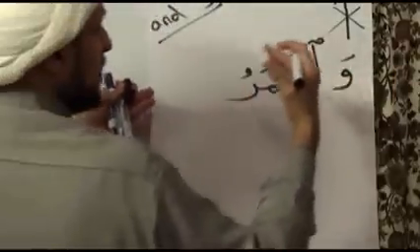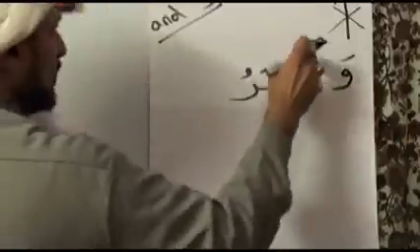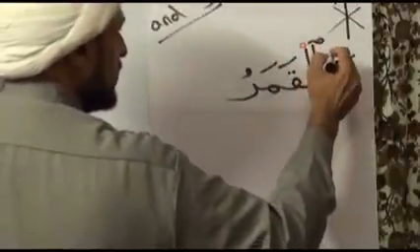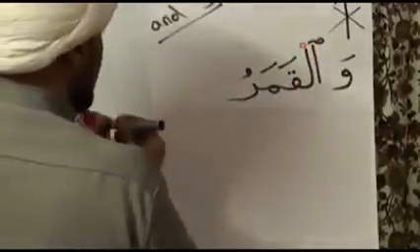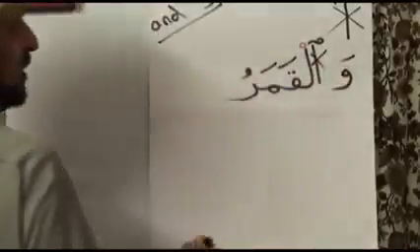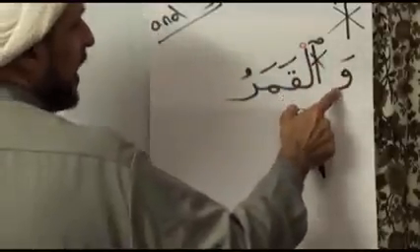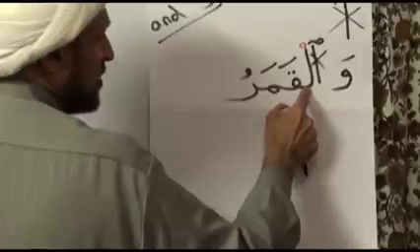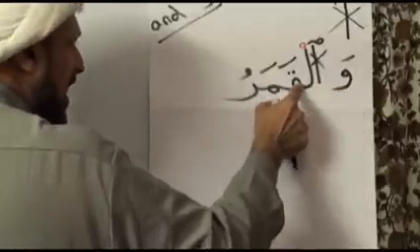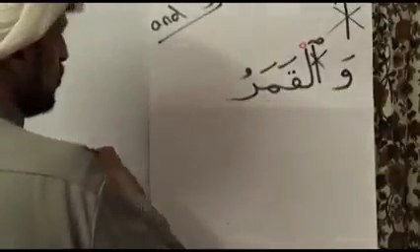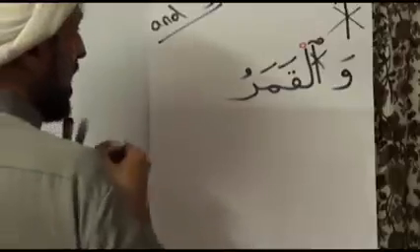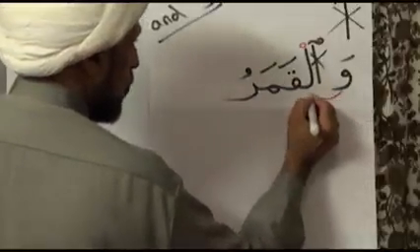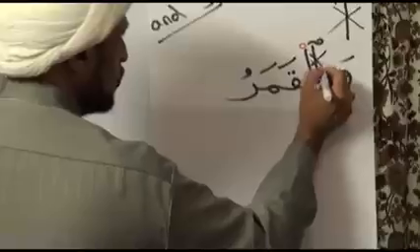Whenever there's something before this alif, then this alif will go away. So remember how I say it. I don't say wa al-qamar. I say wal qamar. This is gone.